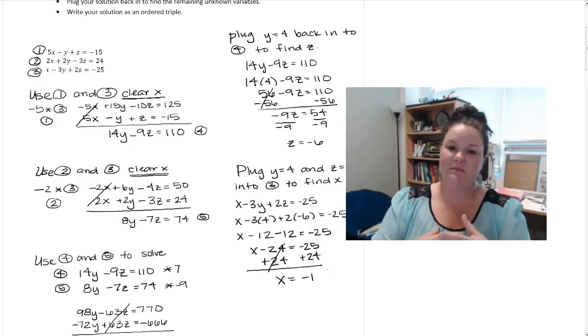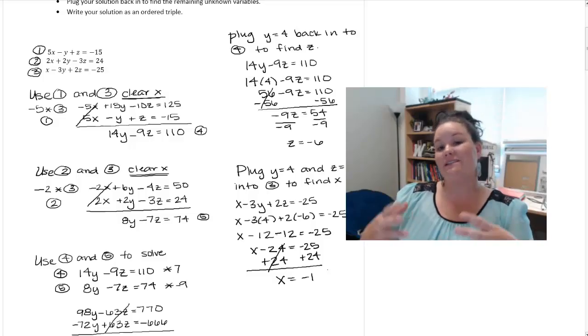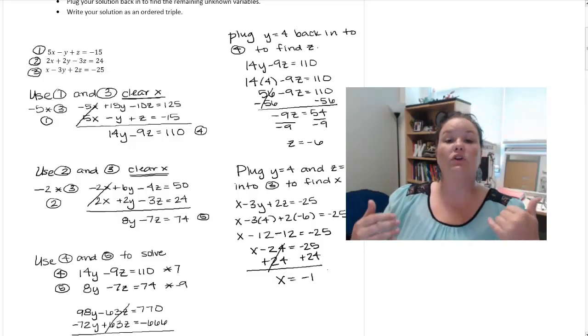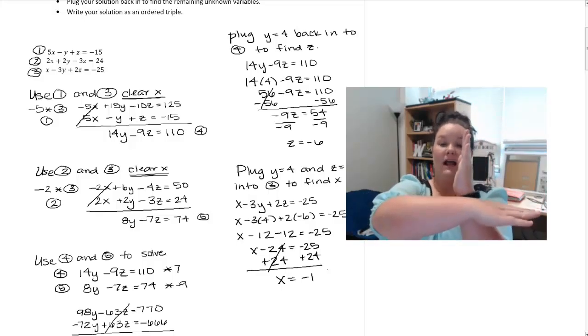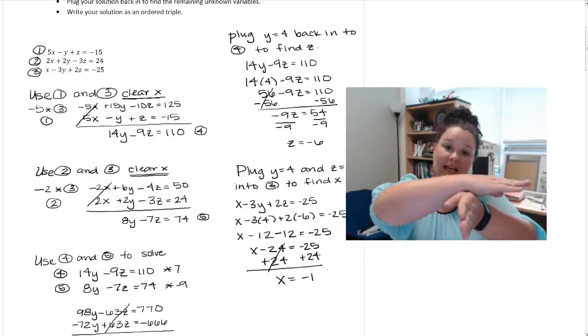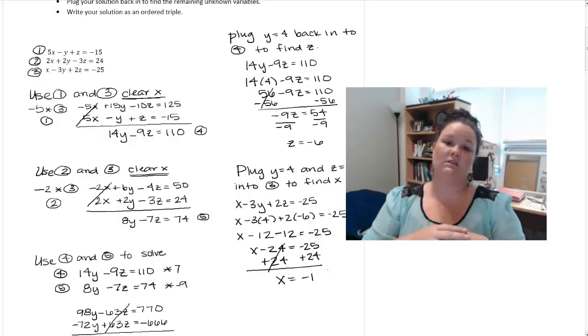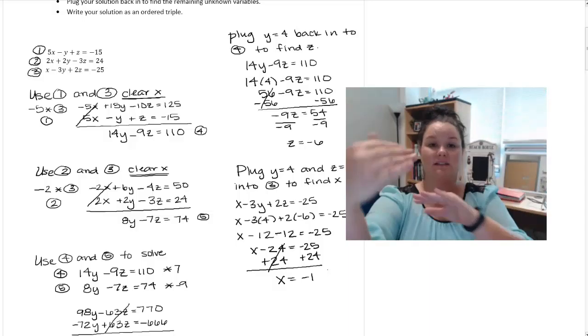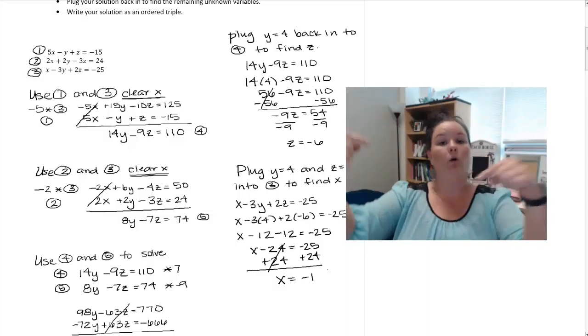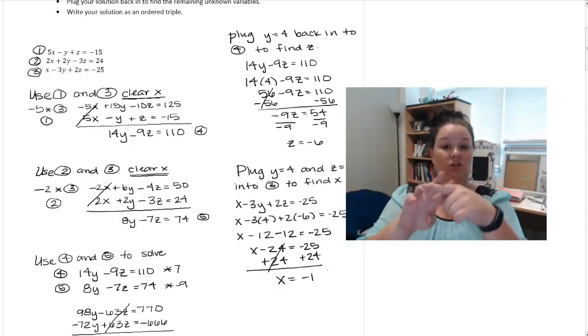Well, now that we have a system of 3 equations, instead of looking in 2 dimensions, we're looking in 3 dimensions. So now we have our y-axis, we have our x-axis, and now we have our z-axis, which is coming out for our 3rd dimension. So we're looking for these different lines in 3D, the point where all 3 lines cross.